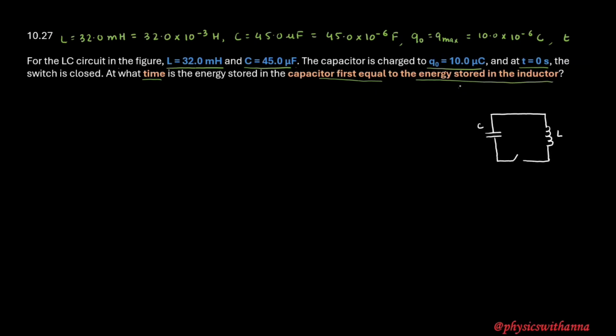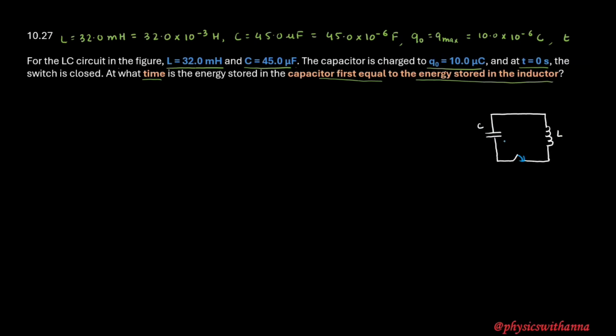stored in inductor. Now the capacitor is initially fully charged and it has maximum energy before it is connected to the circuit. When it is connected to the inductor with the switch closed, energy is transferred from capacitor to the inductor. Now, as time passes, energy of capacitor decreases whereas that of the inductor increases.